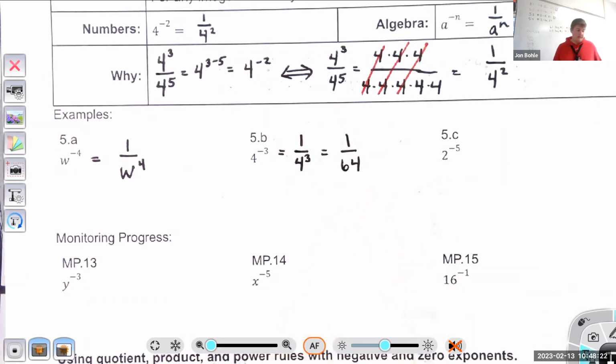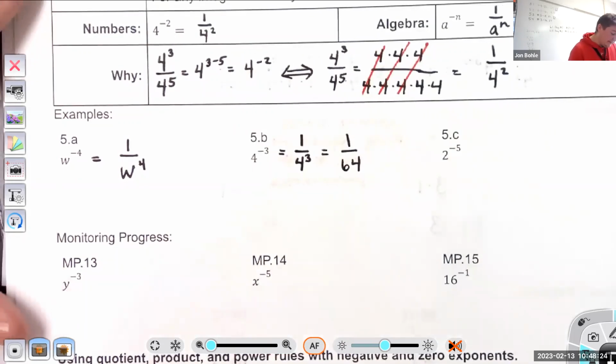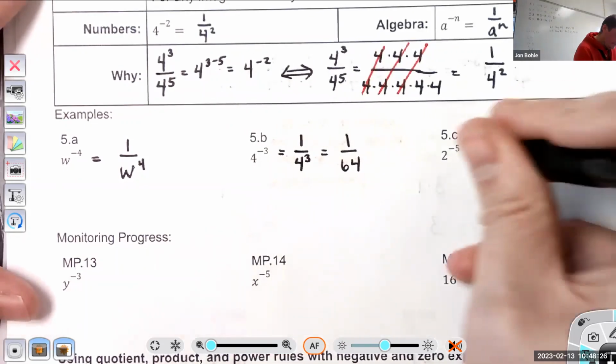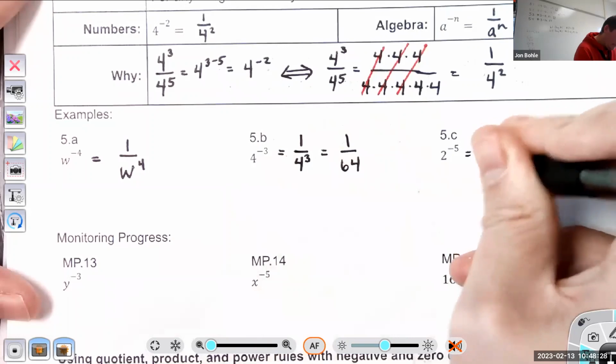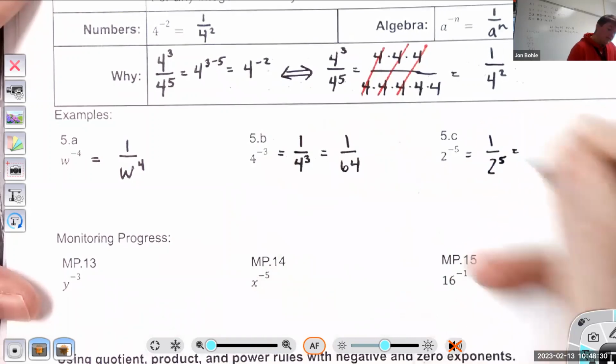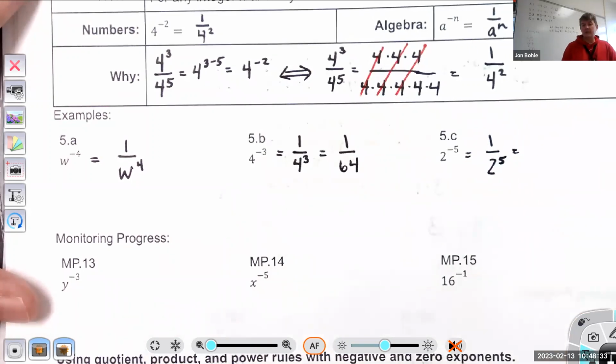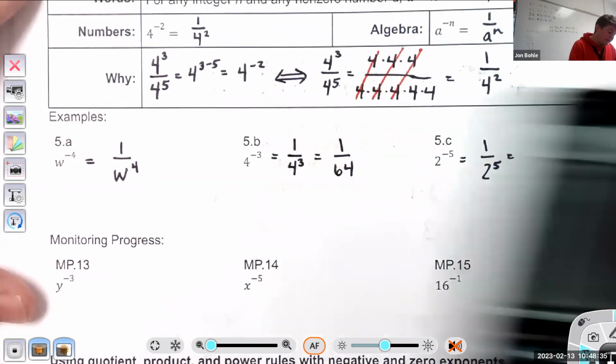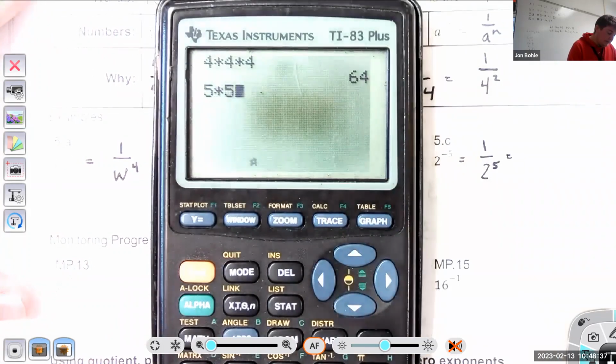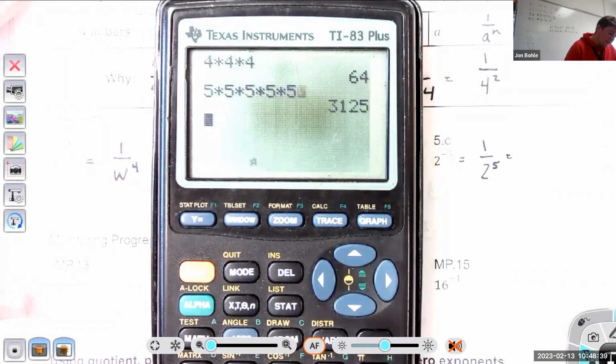Okay, let's do 5C. How do I determine 5C? All right, 1 over 2 to the fifth. Then I should probably figure out what 2 to the fifth is. 1, 2, 3, 4, 5. Wait, no, that's 5 to the fifth.